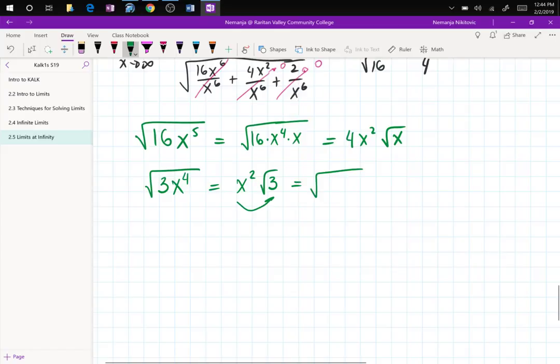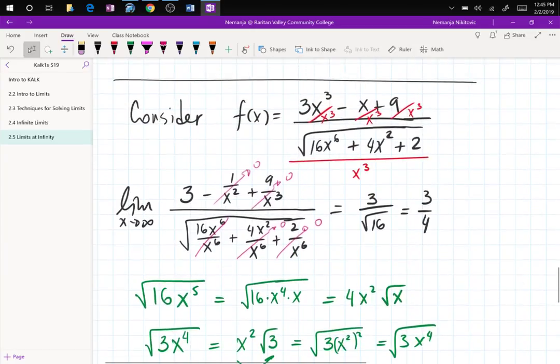So we'll pick up the square and it will show up as 3x squared squared, which is 3x to the 4th under the root, which is where we started from. So, if you are taking stuff out of the root, you get to divide the exponent. But if you are stuffing stuff back into the root, you get to multiply and increase the exponent. It's exactly what happened here.